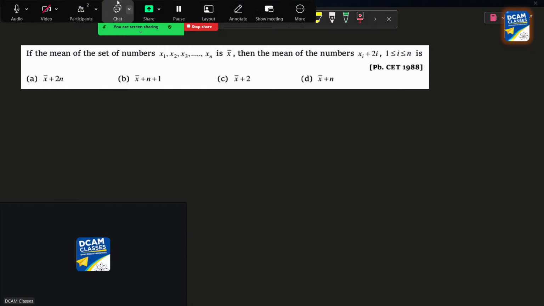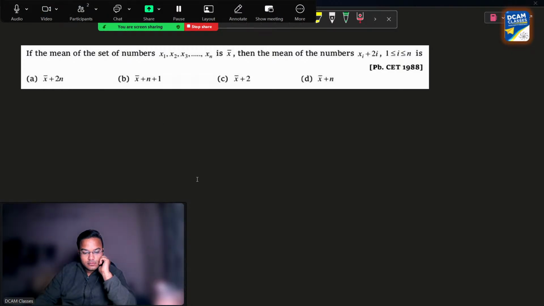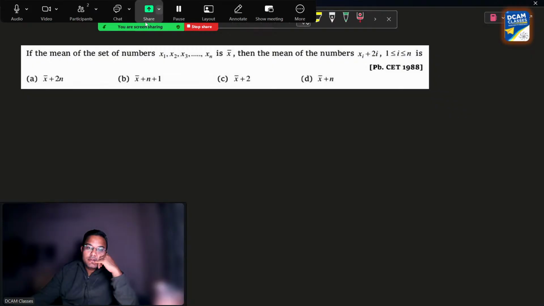X bar plus 2n. Hmm. No, they're saying it is x bar plus n plus 1. The mean is x bar. You know the number xi bar. Why? See, let me show you.